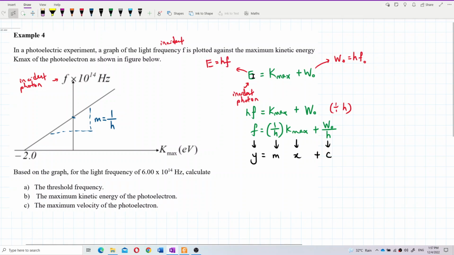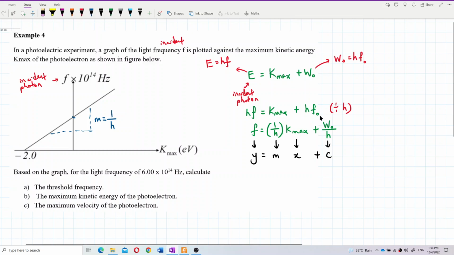So E is hf, and W naught is hf naught, where f naught is the threshold frequency.